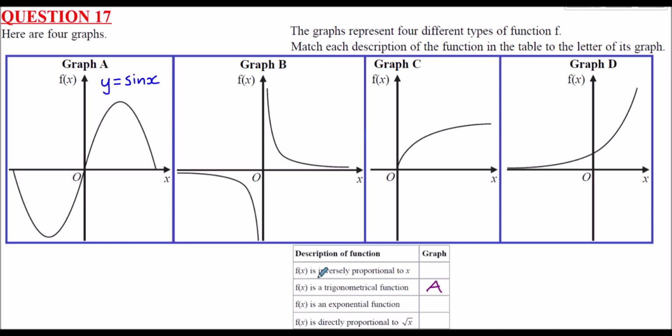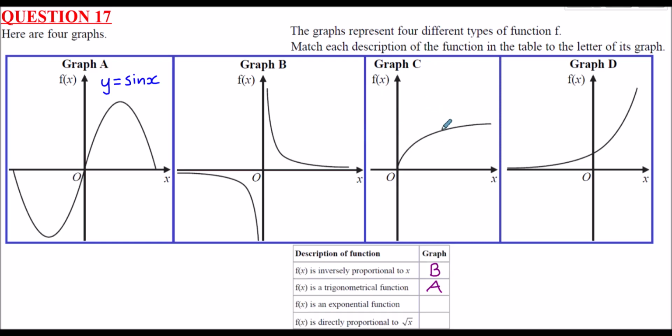Inversely proportional, that's when we have asymptotes, where the graph goes really, really steep towards infinity and goes really, really flat as though the gradient's going to approach 0. And so that's going to be graph B. Graph C is a parabola on its side. x squared is either a u or n shape.